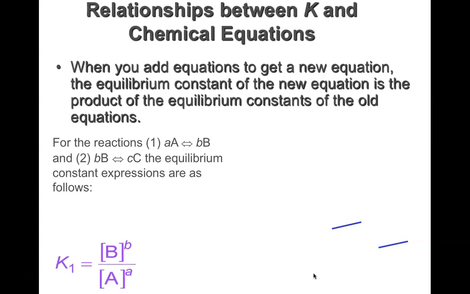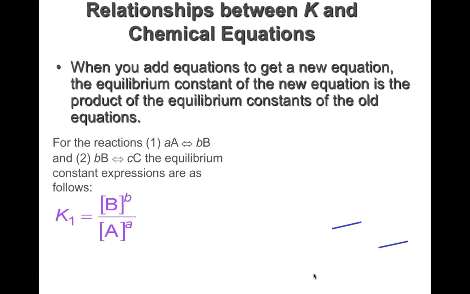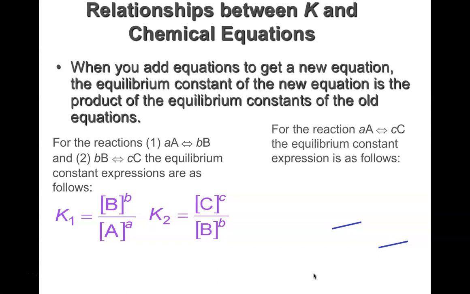So we have these two reactions of A goes to B and B goes to C. So K1, B over A, easy enough, we're good on that one. Equilibrium constant of the second one, C over B. Again, you've done this before, nothing new. But I want the overall reaction of A goes to C, is what I'm looking for. So I know that it's C over A.